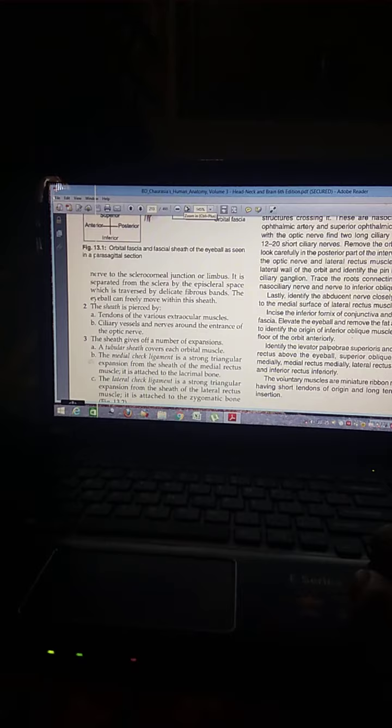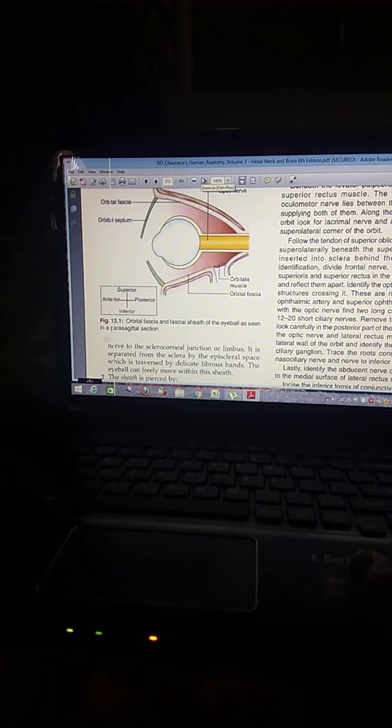Fascial sheath of the eyeball, or bulbar fascia: Tenon's capsule forms a thin, loose membranous sheath around the eyeball, extending from the optic nerve. Now, this is the figure of the orbital fascia and fascial sheath. The sheath is pierced by the tendons of the various extraocular muscles, ciliary vessels, and nerves.